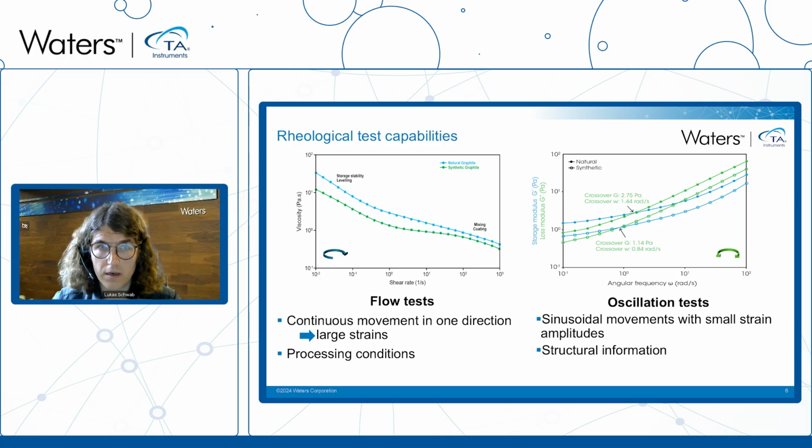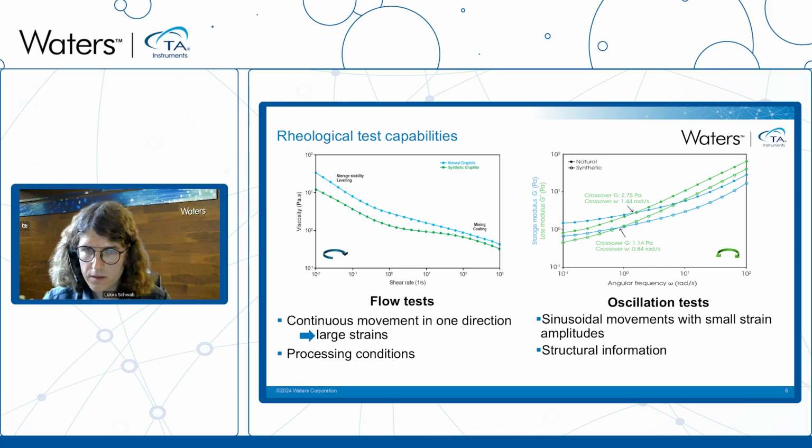So particles get oriented, network structures in the sample break up at higher speeds. So the viscosity decreases, and then at high speeds, we get information how the sample behaves under mixing or coating conditions. So from the flow test, we can get a lot of information for the processing and how the sample behaves during the processing.